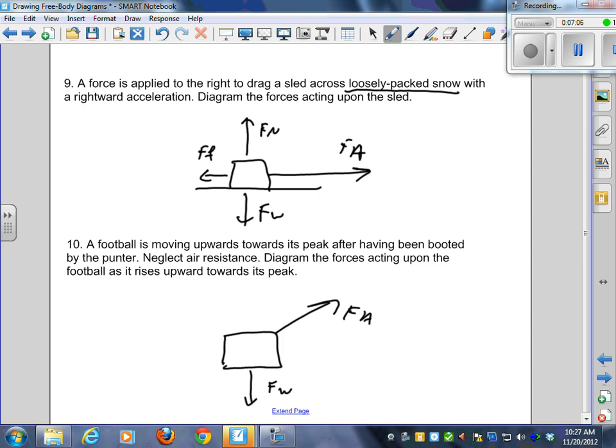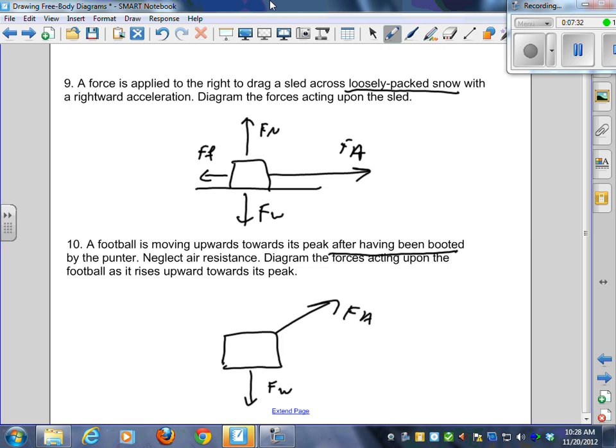An object in motion stays in motion after having been booted by the punter. Allow me to demonstrate. Can you catch, Sean? I'm going to throw Sean this volleyball here. What we're talking about is when the ball is at its peak, right over Lloyd's head.